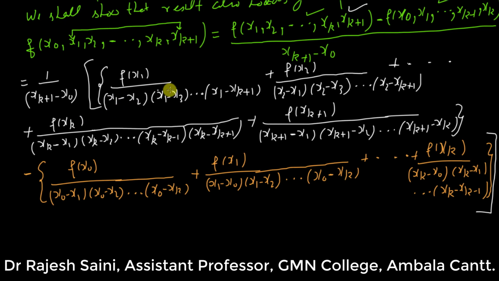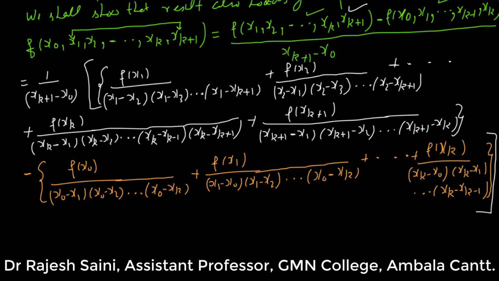First we will write the f of x naught term. So for this k plus 1th order, it will be x naught minus x1, x naught minus x2, x naught minus xk, and x naught minus xk plus 1. So here the sign is opposite.